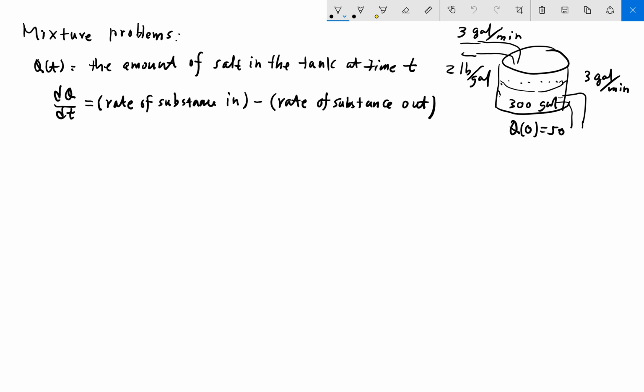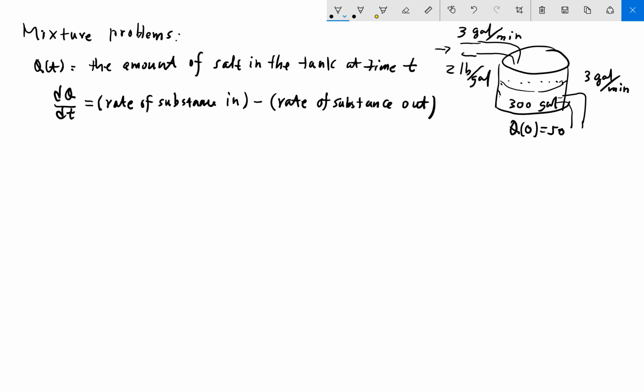This tank originally contained 300 gallons of solution. And at the beginning, there's 50 pounds of salt in the tank. Then a solution gets in at a rate of 3 gallons per minute.